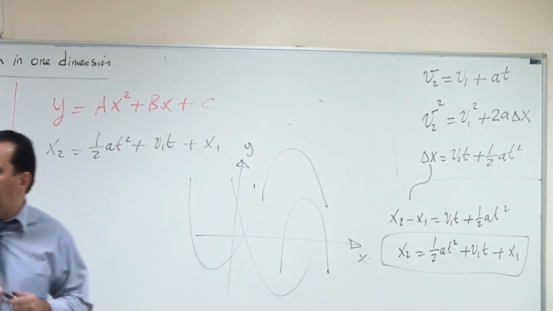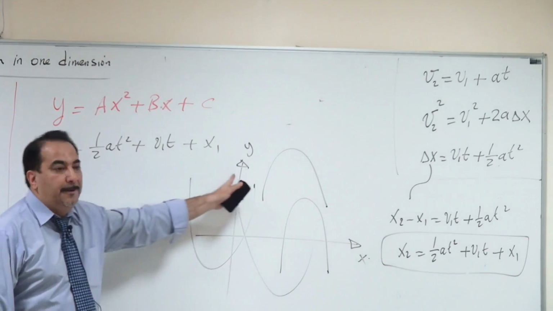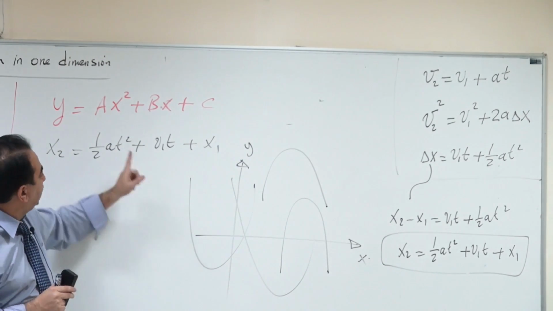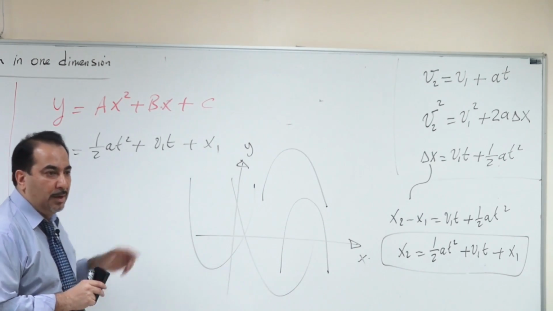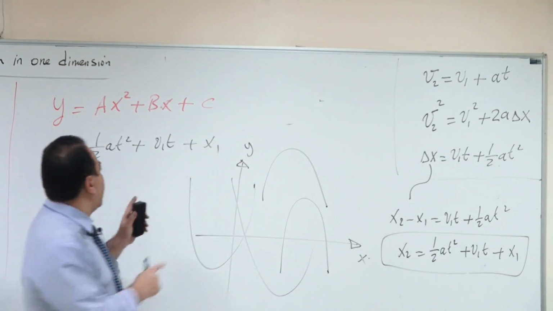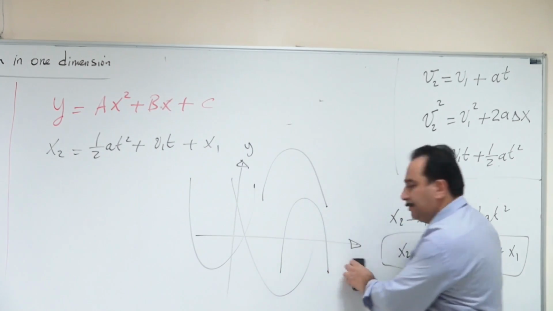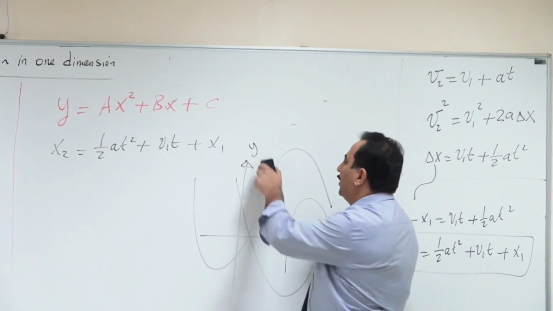It's a parabola, second degree. This parabola is physics, it's not math. Is it possible this parabola is this one? Yeah. What is the x here? Time. And what is the y? Position.